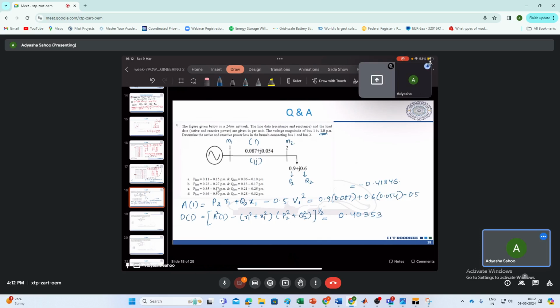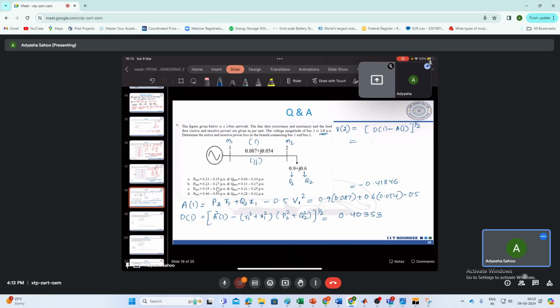Now from this I can calculate V2, right? So what is V2? V2 is D1 minus A1 whole square root. So that will give me D1 plus 0.41846.